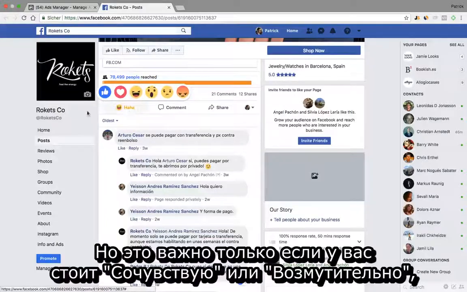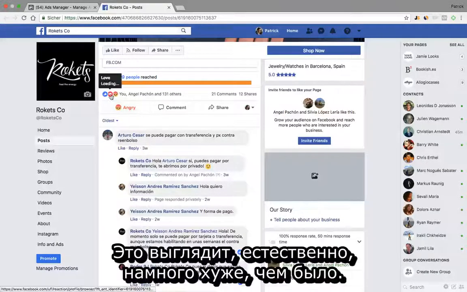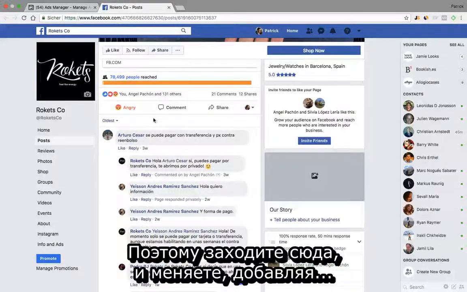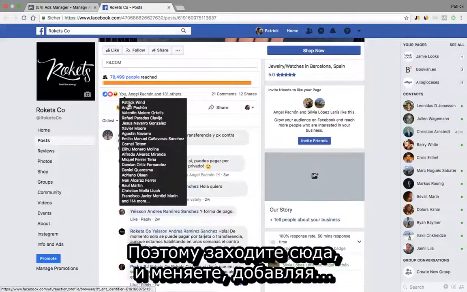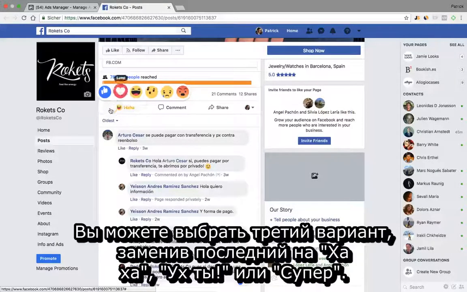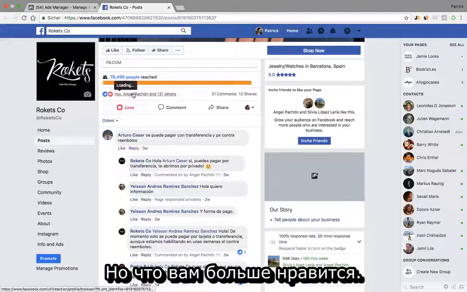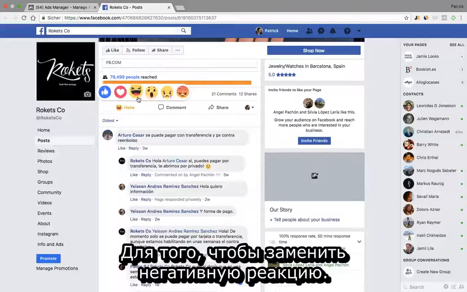Okay, but now this is only important when you would have, for example, a sad face here, or an angry face, this looks of course not as good as it looked before. Therefore you could always go in here and change it by adding, well, you could change the third option by adding a haha or wow or love or whatever, in order to substitute one of the negative ones.